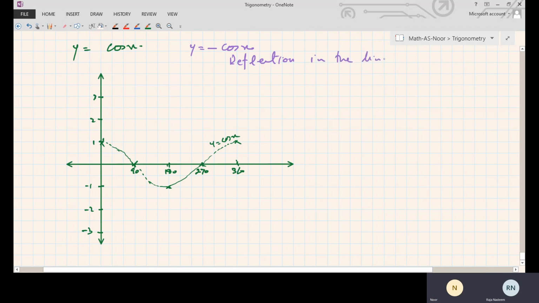Which line? The minus is outside the function, so it would be a vertical reflection. Vertical reflection in the line y, the x-axis. Okay, it would be on the x-axis.